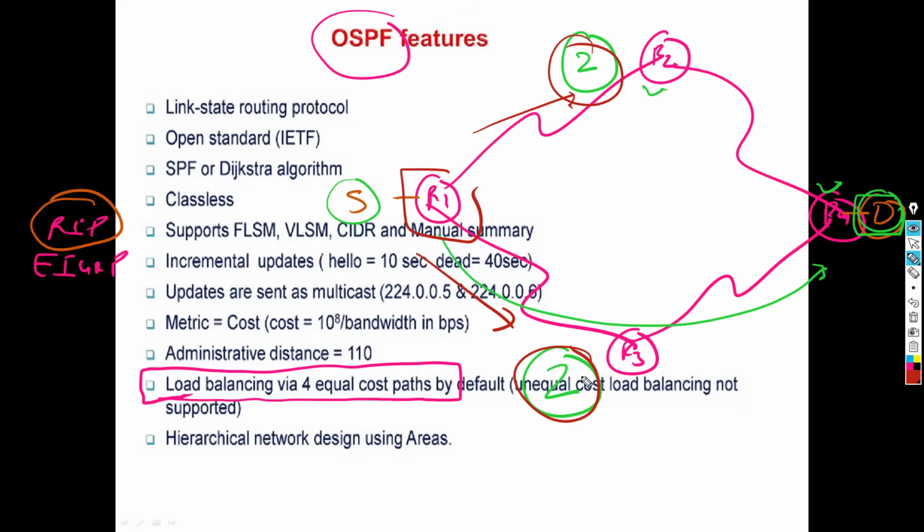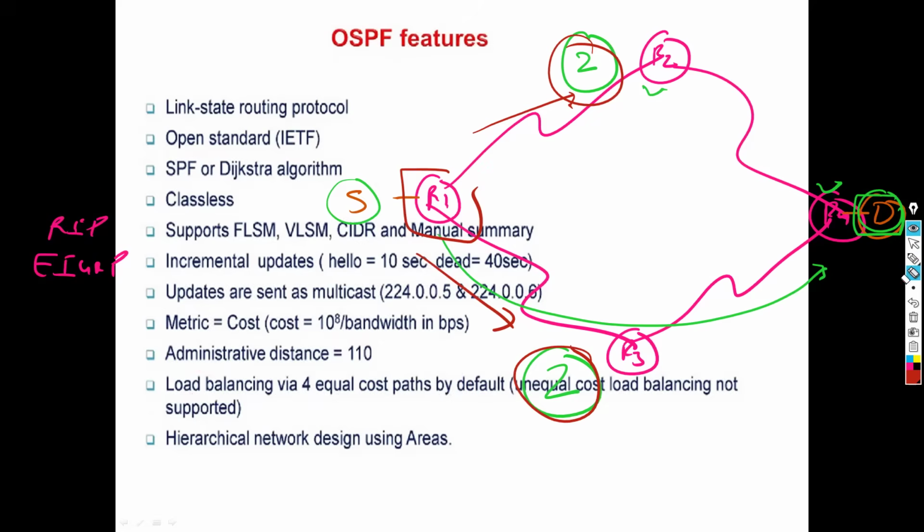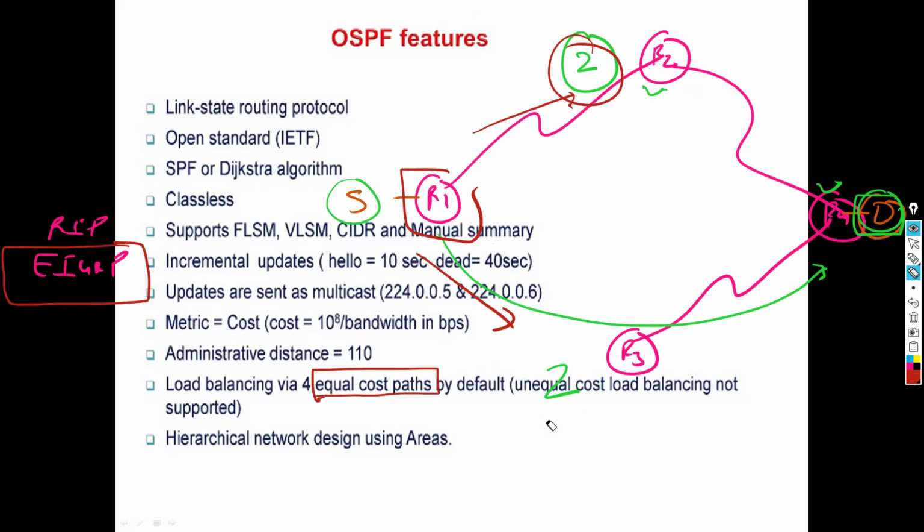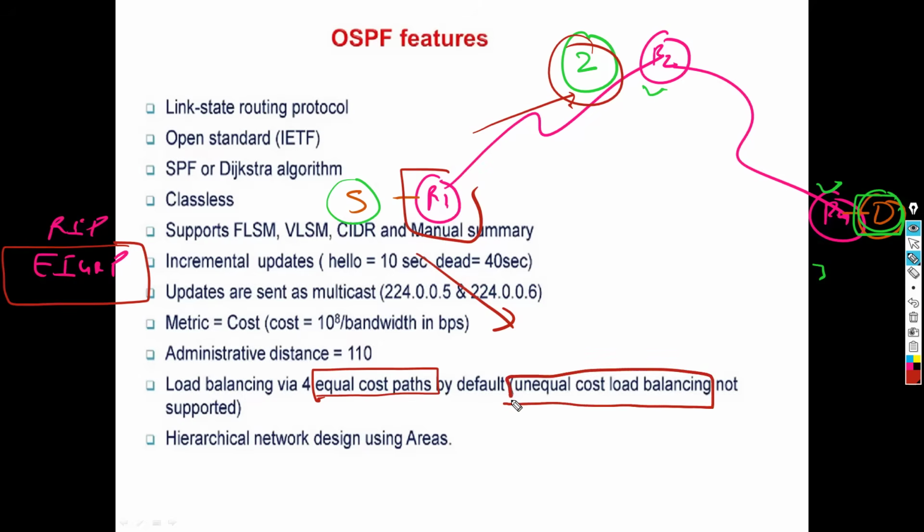But if you talk about the EIGRP protocol, EIGRP can support equal cost load balancing and unequal cost load balancing. Yes, in EIGRP we have a great feature, unequal cost load balancing.